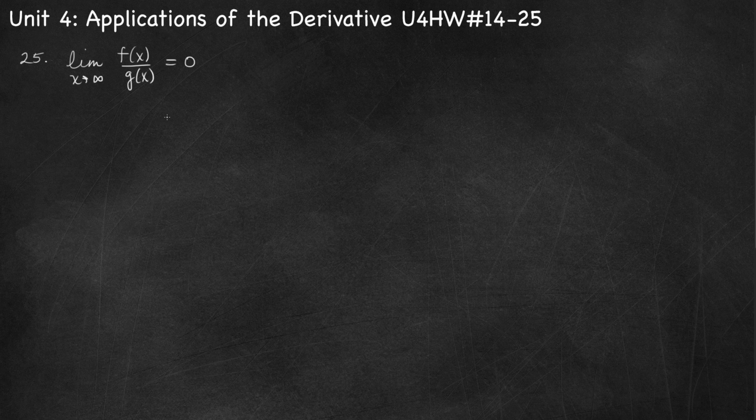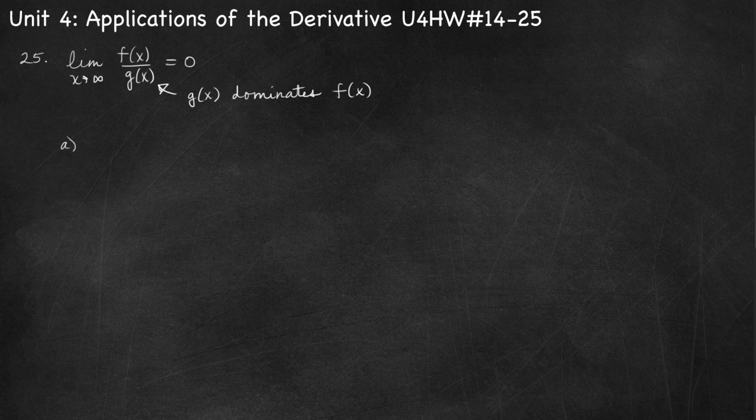If this is the case, then we say that g of x dominates f of x. It's growing at a faster rate, so the limit is going to equal 0. The one that's growing at a faster rate is the one that's dominating the other one.